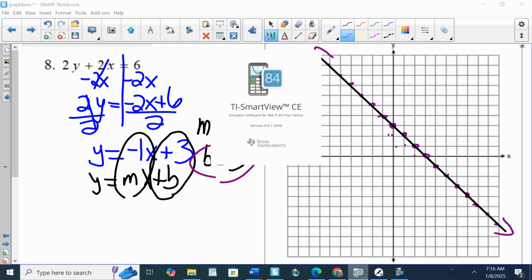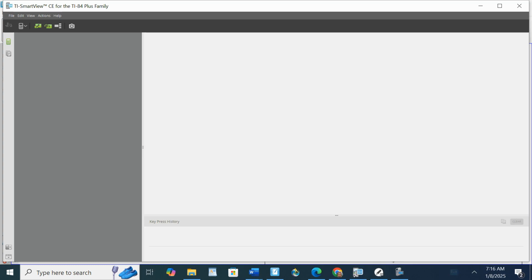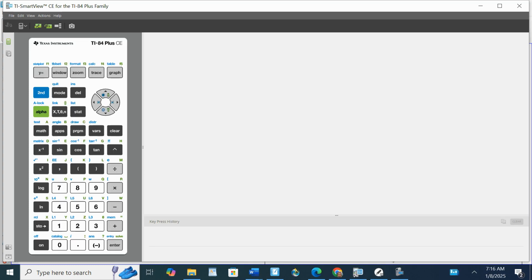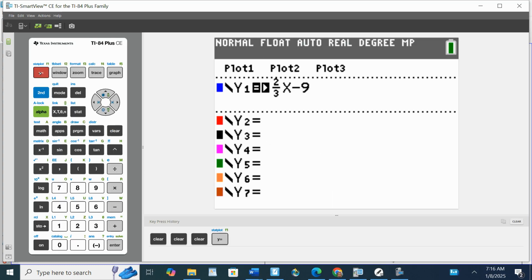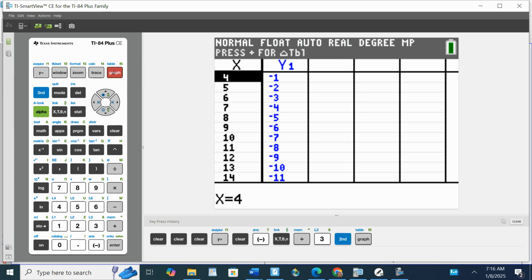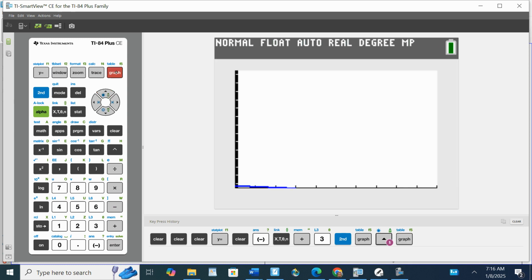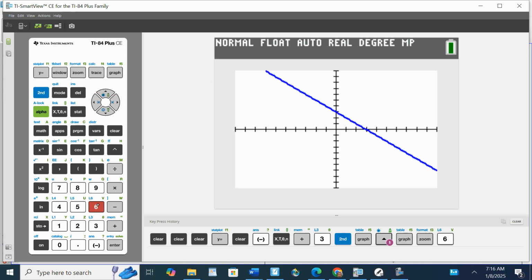So if I go to y equals, and I type in -x plus 3, I can go to my table, and I can just plot these points. I could also look at it by hitting graph in the calculator and see what it's going to look like. But the main objective is to do this with slope and y-intercept.